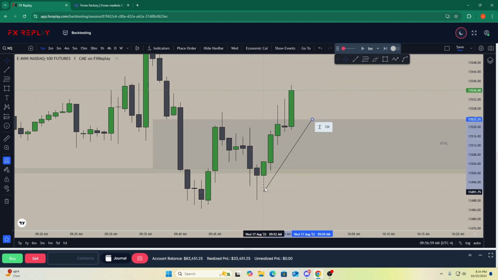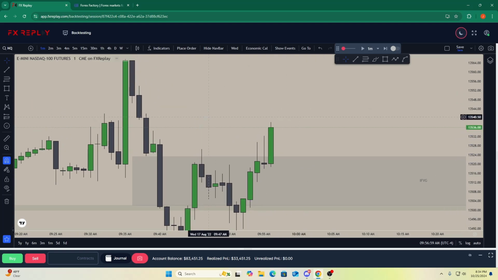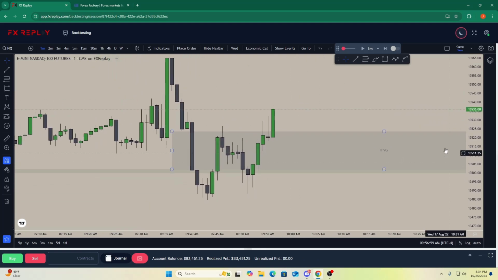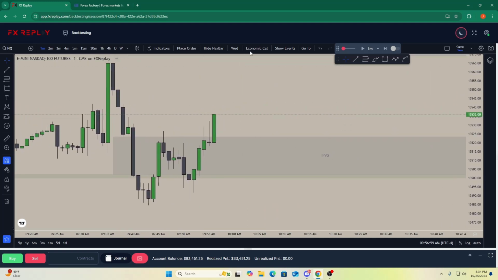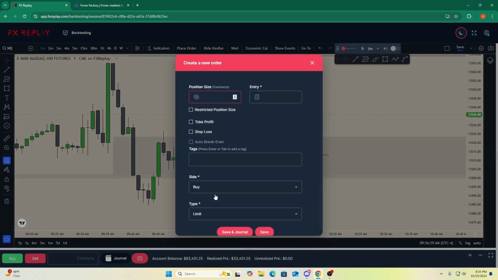I mean, wait for the retest here. I'd probably want stops at the swing low here. Yeah, I'll wait for the retest here. Entry here.